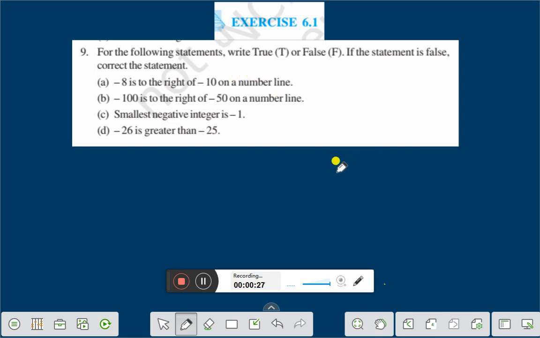Let us take a number line. I have taken a number line.